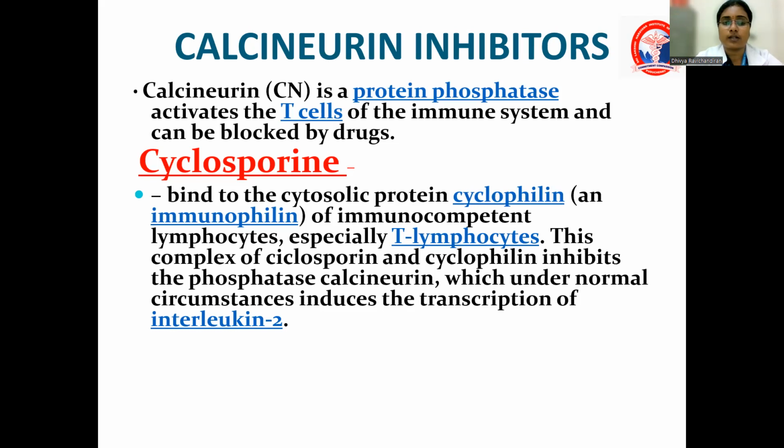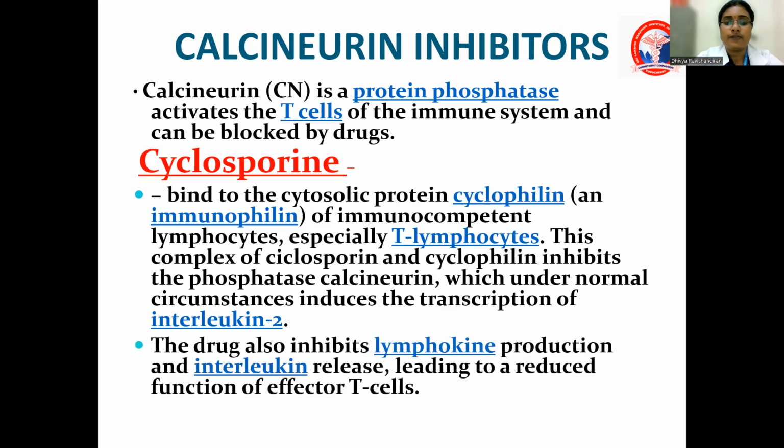This complex of cyclosporin and cyclophilin inhibits the phosphatase calcineurin, which under normal circumstances induces the transcription of interleukin-2. The drug also inhibits lymphokine production and interleukin release, leading to reduced functions of effector T cells. The main action of cyclosporin is inhibition of interleukin-2 transcription.